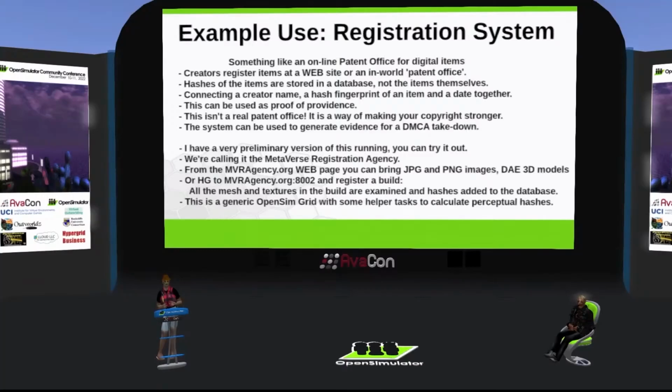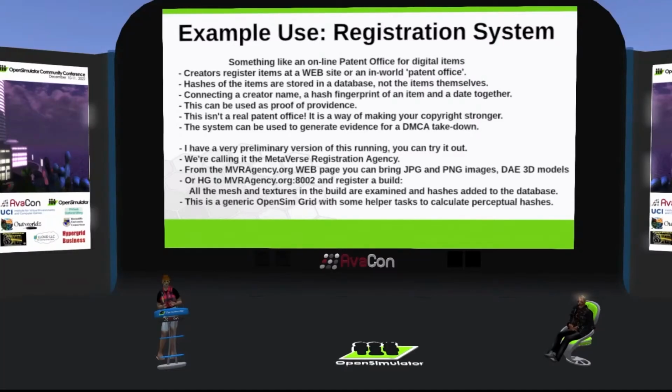And it would record the name of the creator, the hash of a bunch of parts of the object, and the date. Then when somebody else says, no, I created that, you could point back to this database and say, this trusted database says I registered it in 2022, so you must be the liar. So you could use this registration system as a way to make your copyright stronger. It's not a copyright in itself.